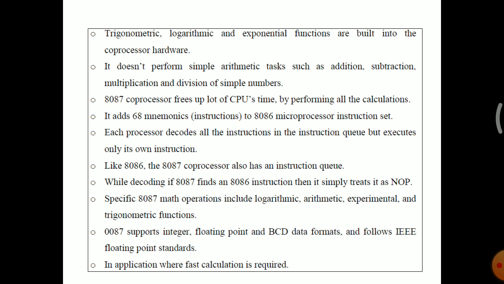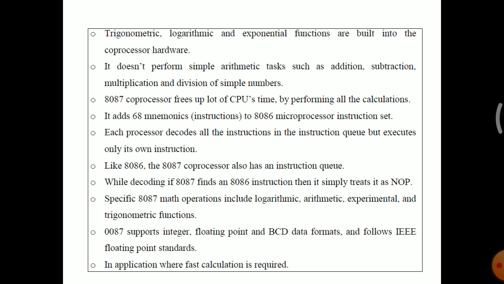8087 math operations specifically include logarithmic, arithmetic, exponential and trigonometric functions, complicated operations in short. The 8087 math coprocessor supports various data formats or data types that we are going to discuss ahead.